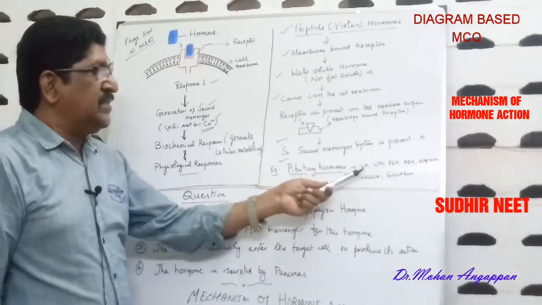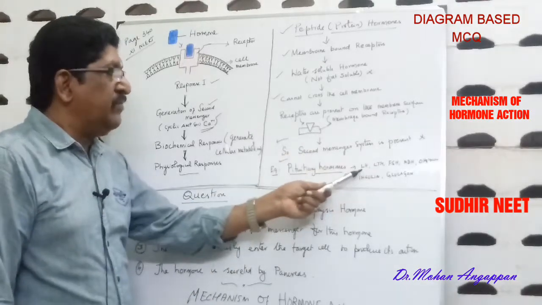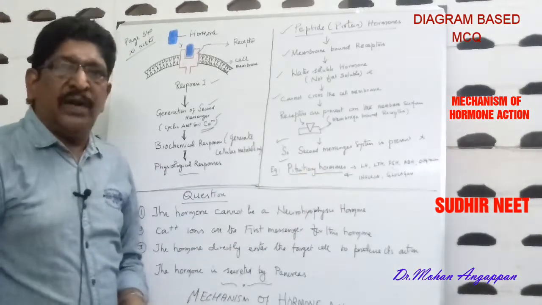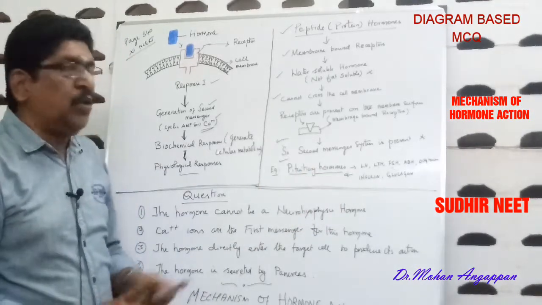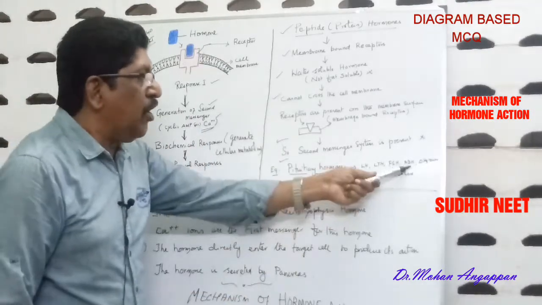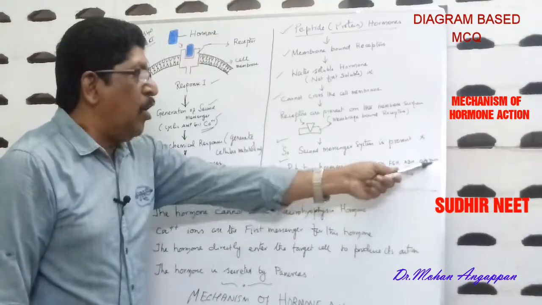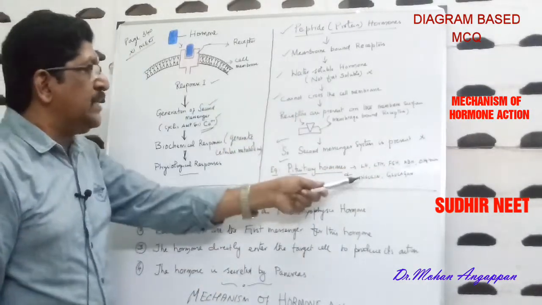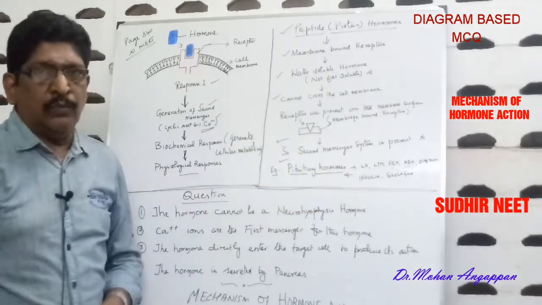The adenohypophysis secretes 6 hormones, out of which LH, LTH and FSH, the luteinizing hormone, luteotrophic hormone and follicle stimulating hormone, are gonadotrophic hormones. And the neurohypophysis, the other part of the pituitary, secretes ADH or vasopressin and oxytocin. Other examples for peptide hormones are insulin and glucagon.